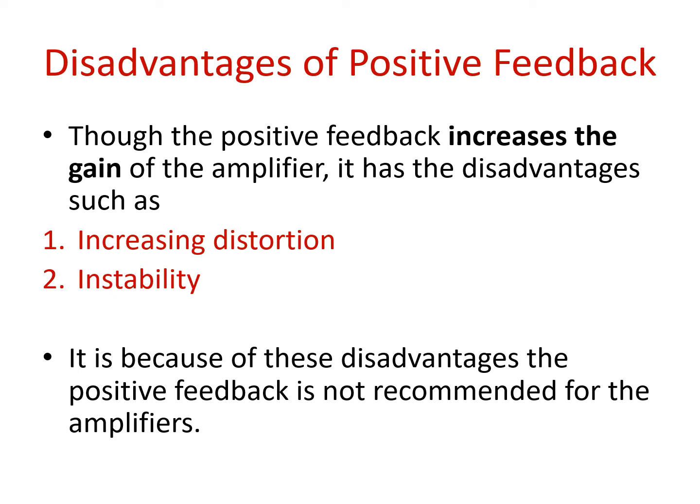Okay, this is nothing but distortion. So the distortions and disturbances are more in positive feedback. So the meaning of distortion is the output is not the same as the input given. Comparatively, there are a few more disturbances in the output signal. So this is one of the disadvantages of positive feedback.